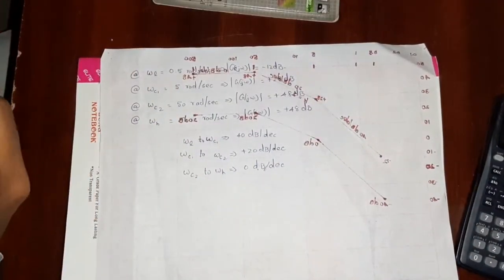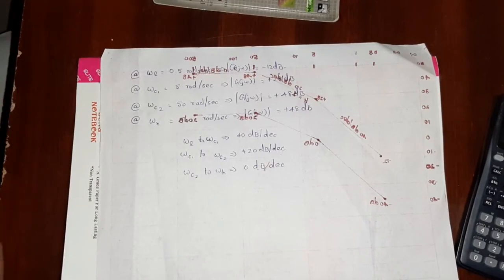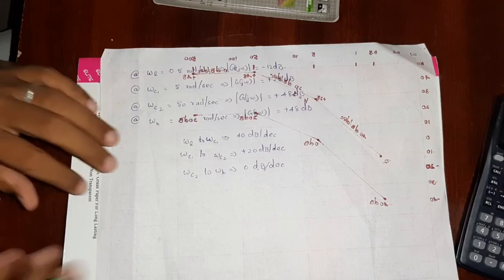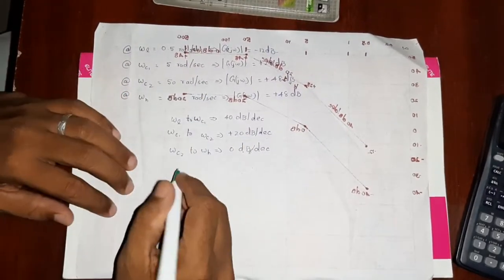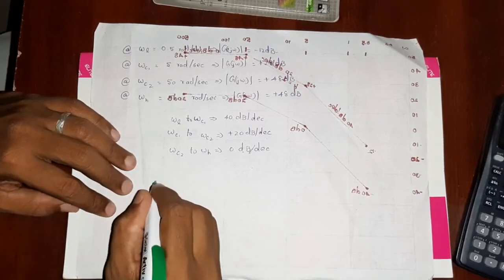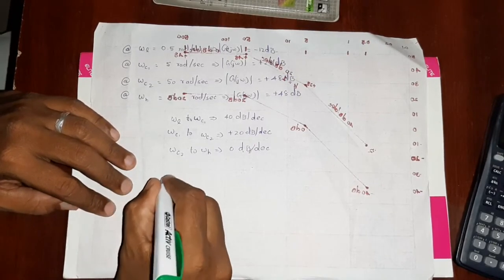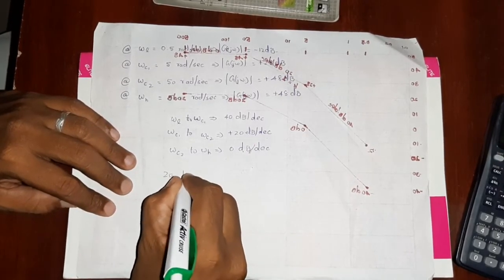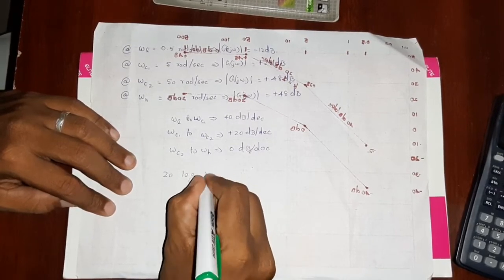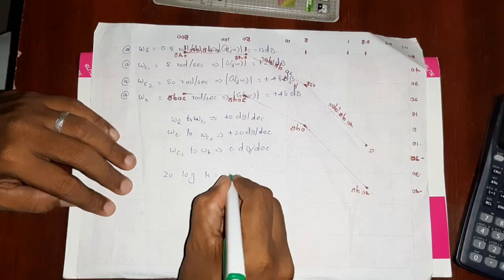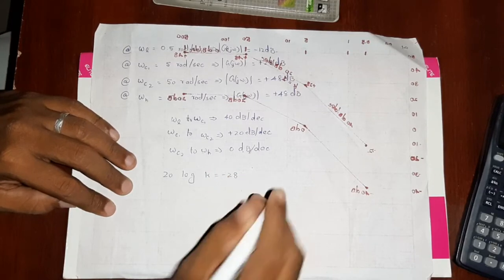So we have found that the actual difference in gain at the gain crossover frequency is minus 28. The value of k should be reduced by 28 dB. So this is how it goes. Okay, so 20 log k should be minus 28.